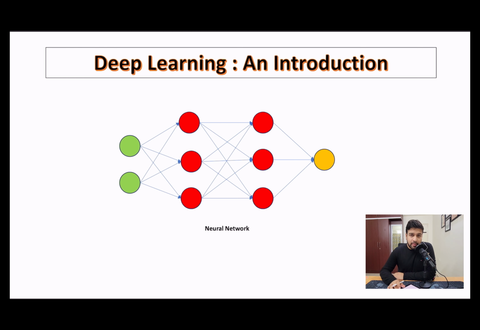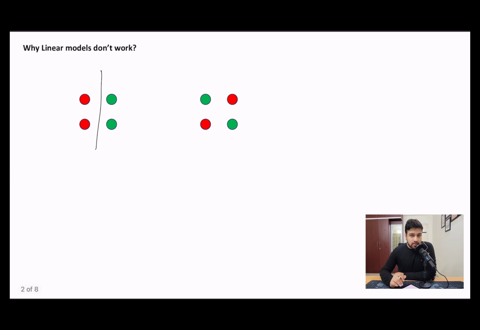So let us first start by understanding why linear models do not work, right? So here I have two data sets. In one we can see easily that using a single line we are able to separate the data into two different classes. This is something that we have been seeing in our previous videos as well, where the data is linearly separable. Now what happens in a use case where that is not the case?